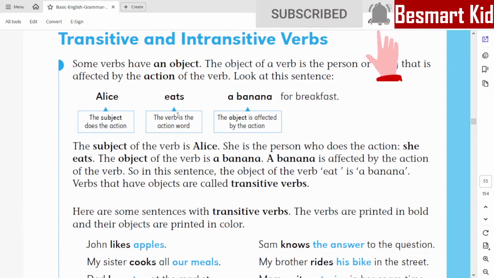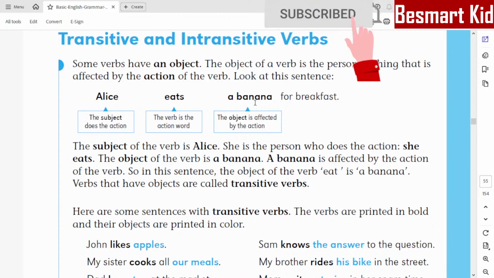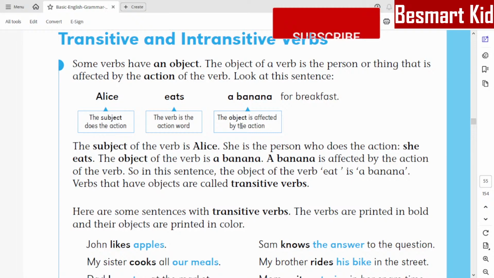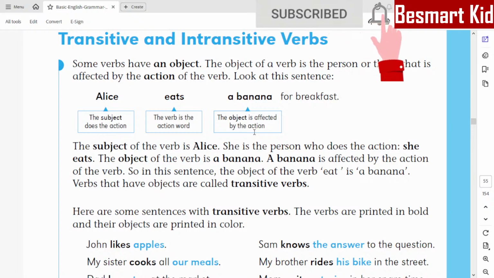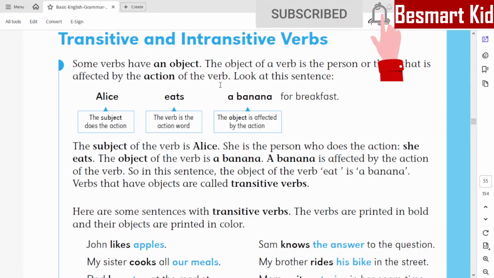And here the verb is the action word. And when we say banana, the object is affected by the action. This means the thing that is affected by that action.